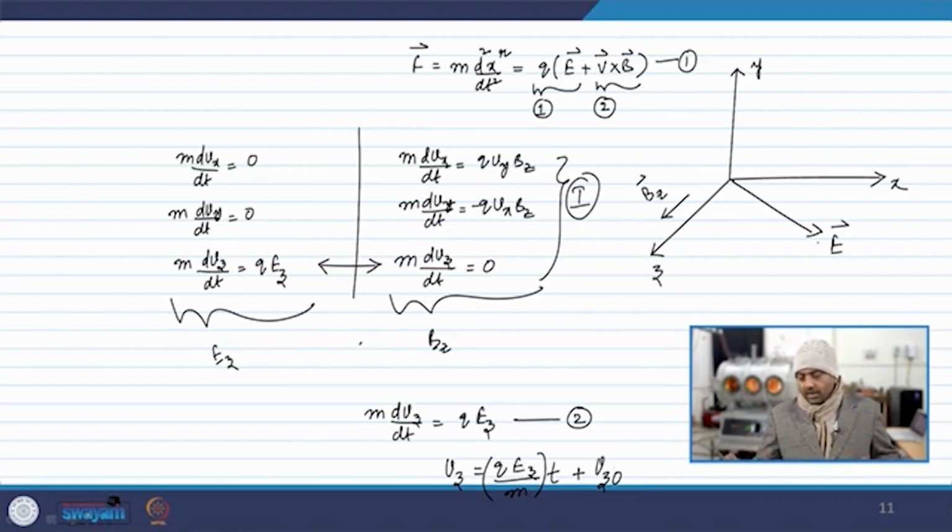So, you have the electric field in the xz plane. So, you can obviously resolve this electric field along z axis or along x axis, that is fine. But the point is, you will have the velocity Vz only influenced by the electric field, which is q by m Ez t plus Vz0.